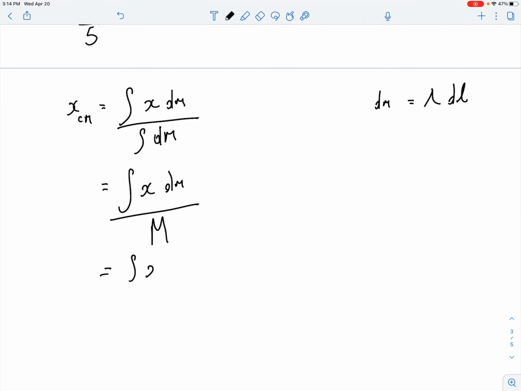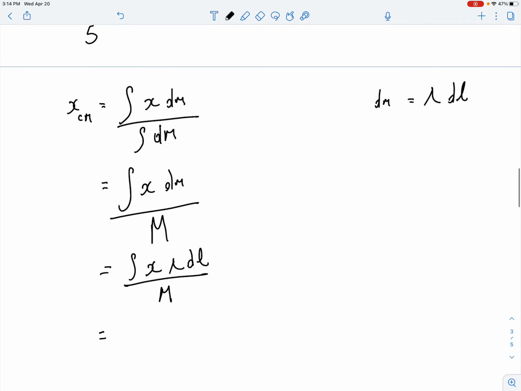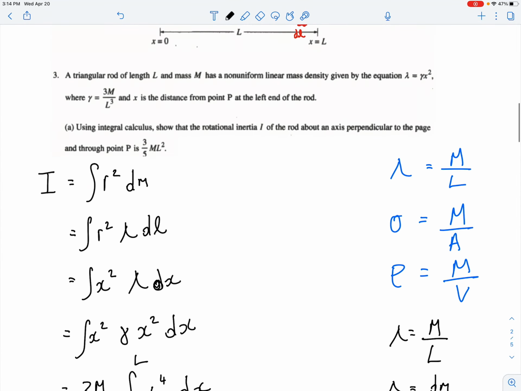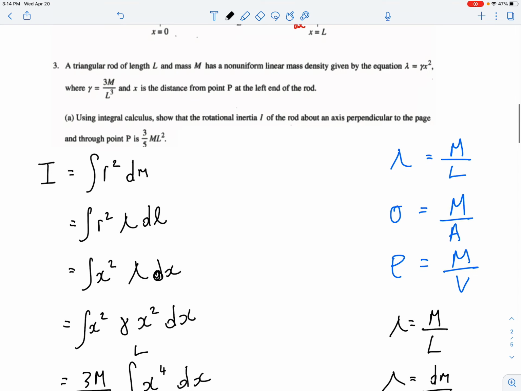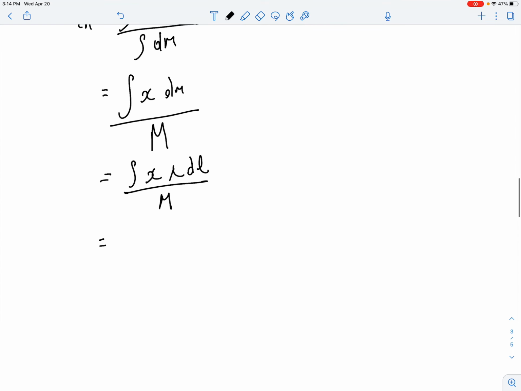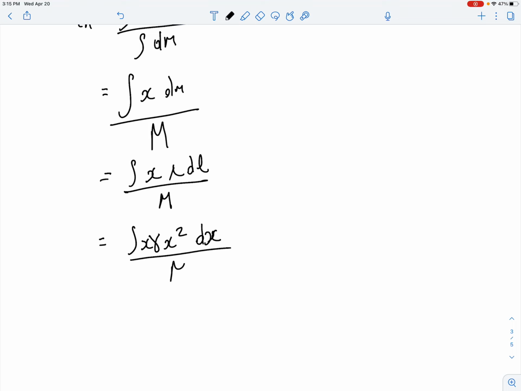That would be equal to the integral of x lambda dl. But you could substitute x for L because we're talking about the length, and x is representing the length. You also could substitute what lambda is, which was gamma x squared, so the integral of gamma x squared dx, sorry, over m.